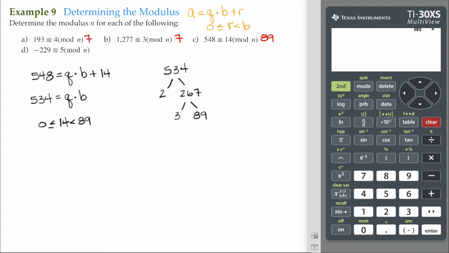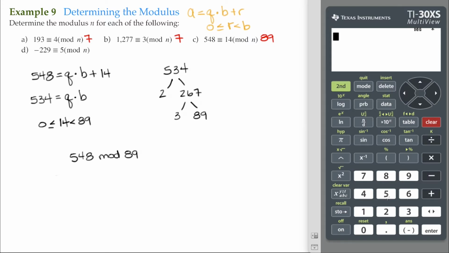Now we can check this, and maybe every now and then you should. So that means if I have 548 is congruent to 14, that must mean that 548 modulo 89 has got to give us 14.